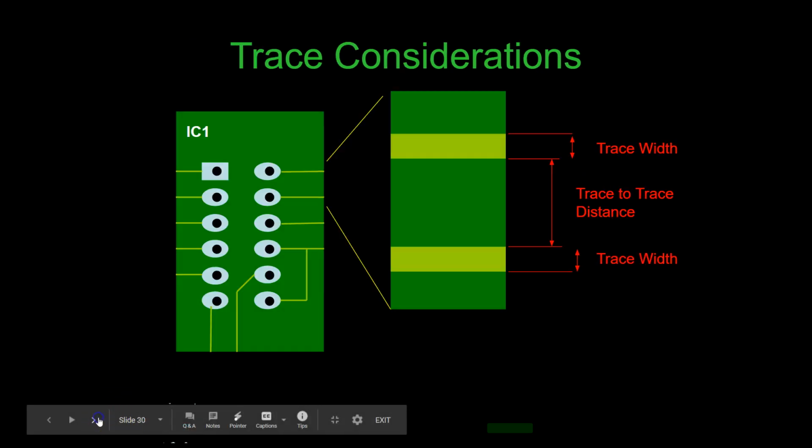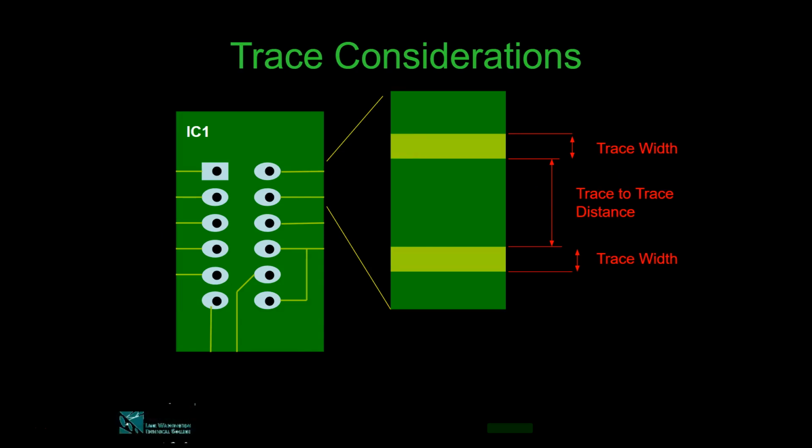Now moving on to the next slide. This picture shows the trace width. This is a copper layer trace width, and the distance between two copper layers is called trace to trace distance.